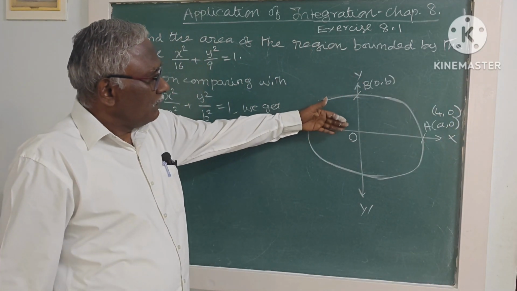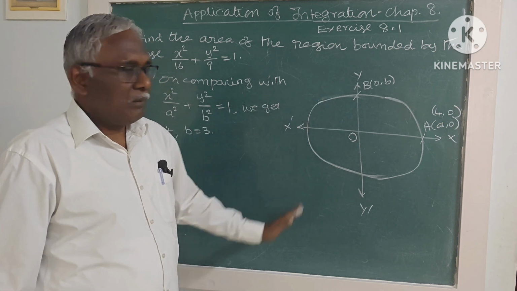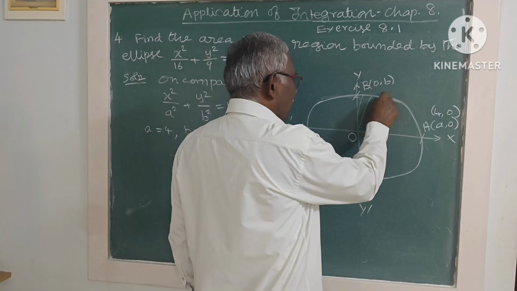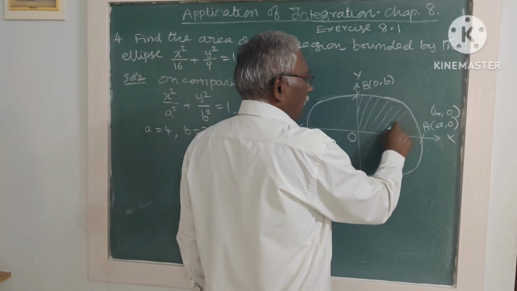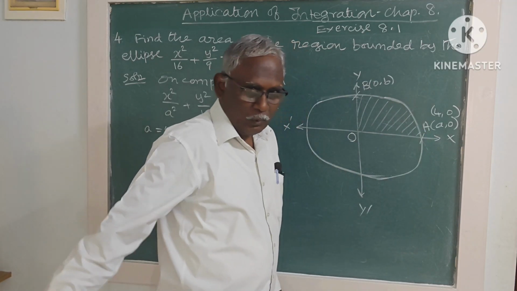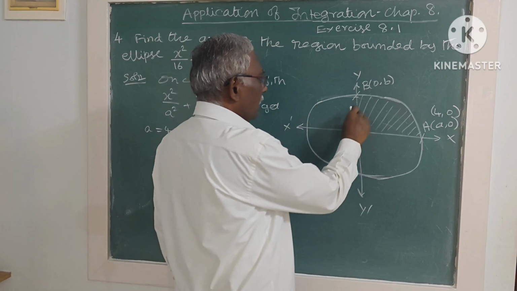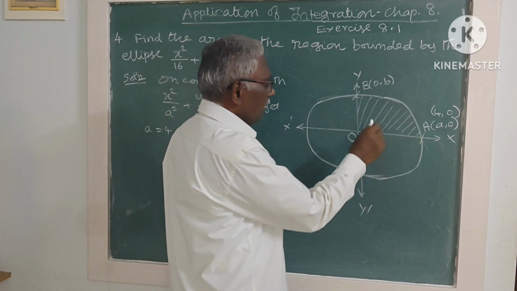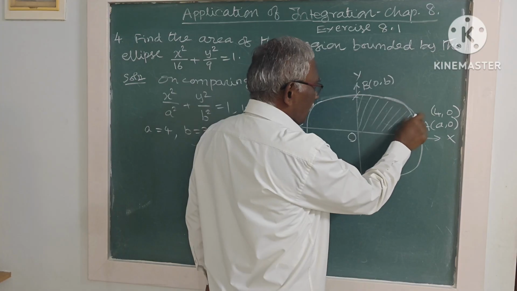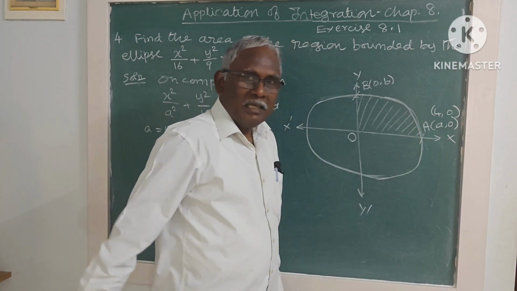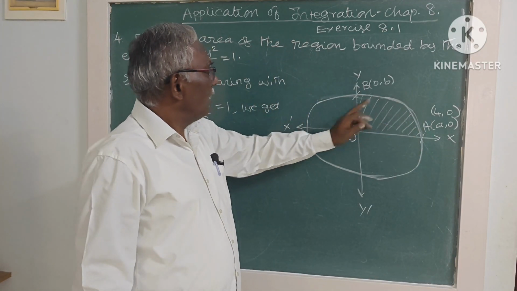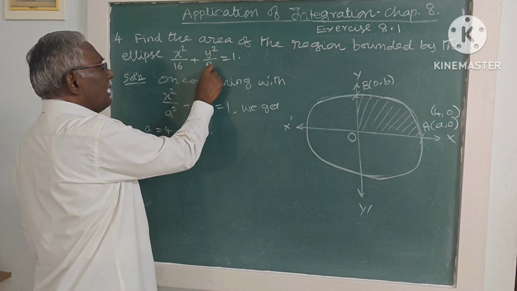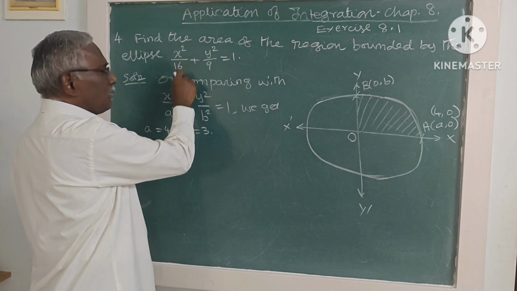Because this ellipse is symmetric about the x-axis as well as the y-axis, we can find the area of this region and we can multiply by 4. To find the area of this region, what things do we require? We should know the equation of this curve. How to get that? That means y. We have to get it from here: y squared by 9 is equal to 1 minus x squared by 16.